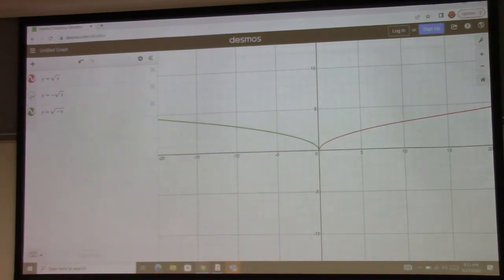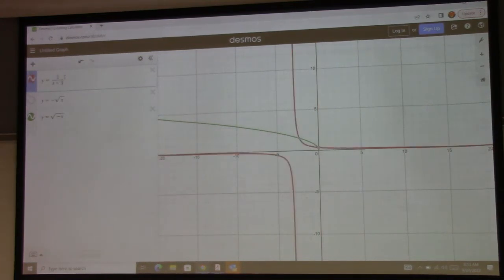Now, we could try this with a more complicated graph. Let's try something a little bit uglier. How about 1 divided by x plus 3. What happens if I replace x with minus x?